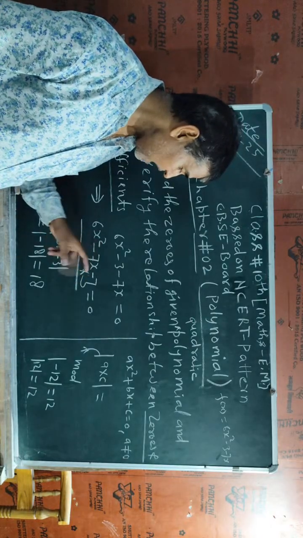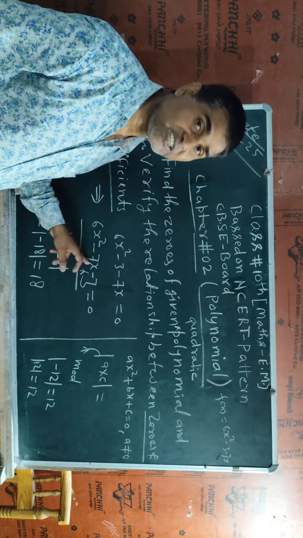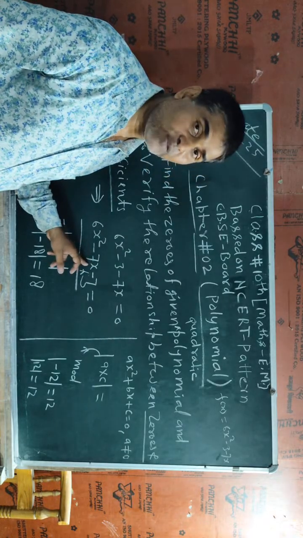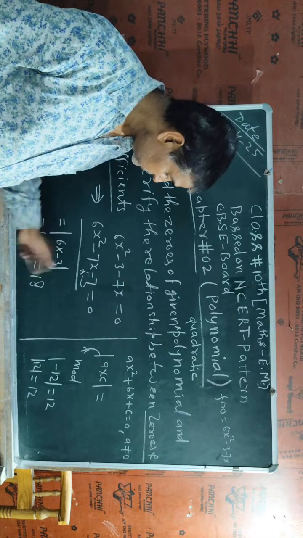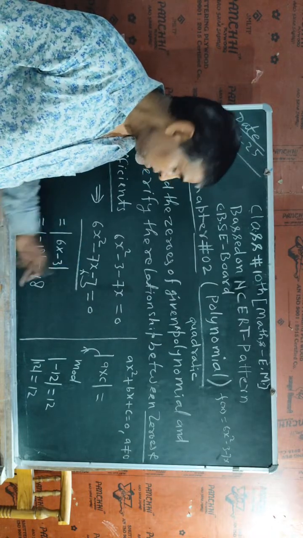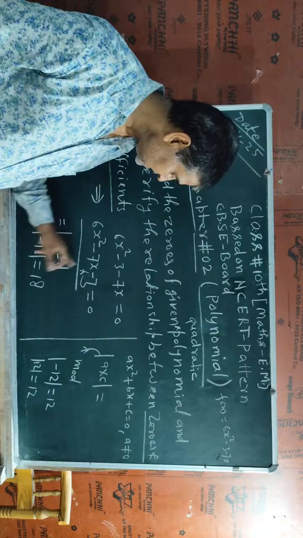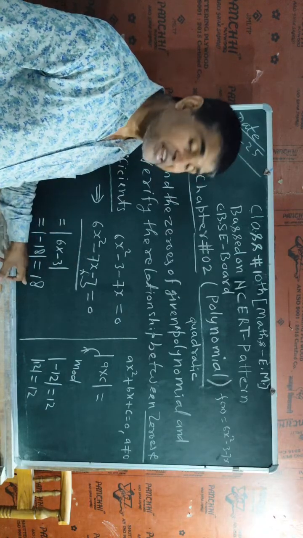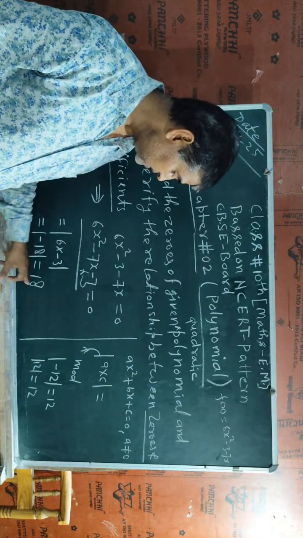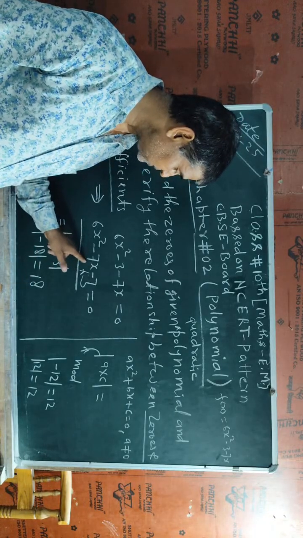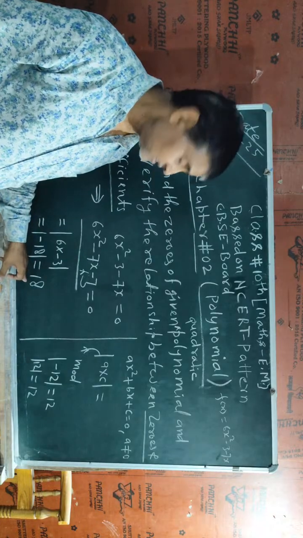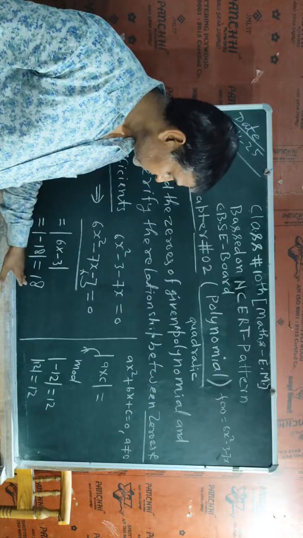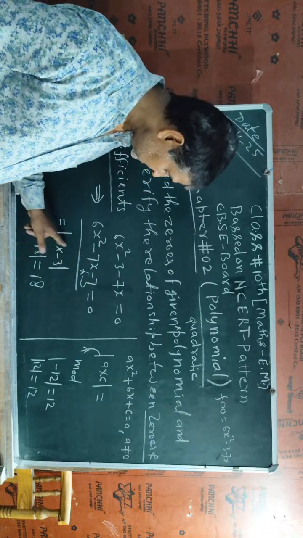After adding or subtracting, I will get the coefficient of x. If I get the coefficient of x, then I will say that is the right combination. If the coefficient of x is not there, then that is not the right combination, so again I will try. So this is the process.